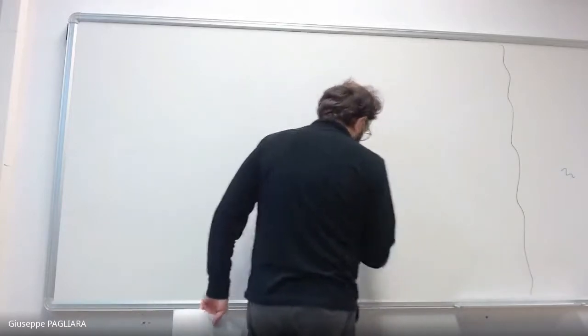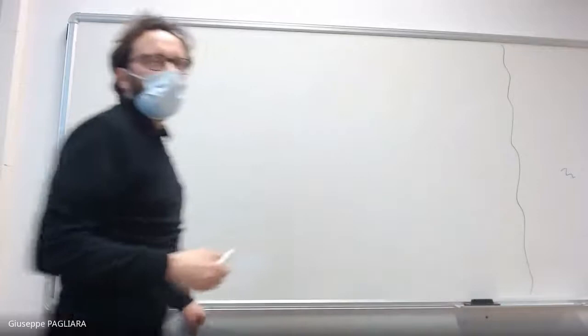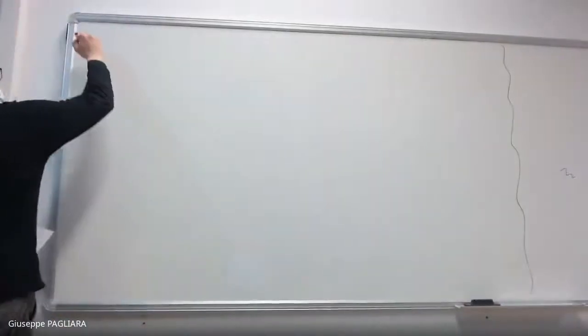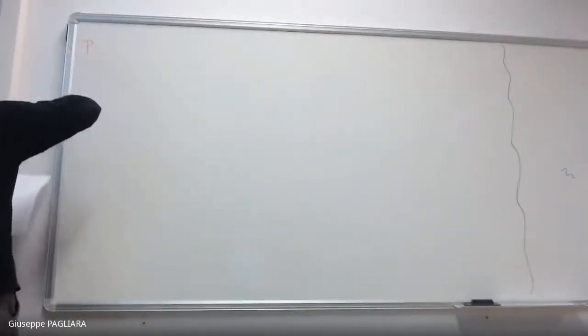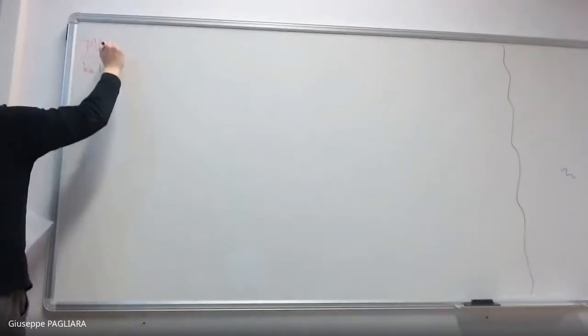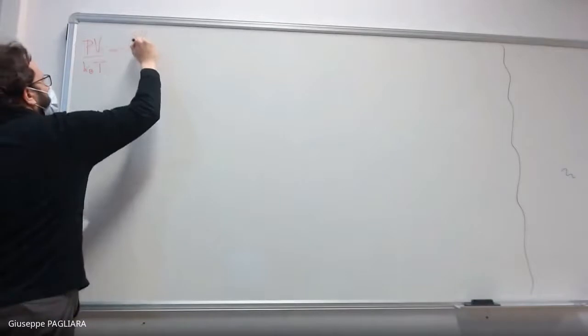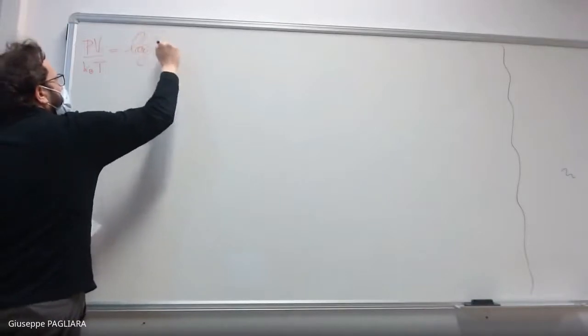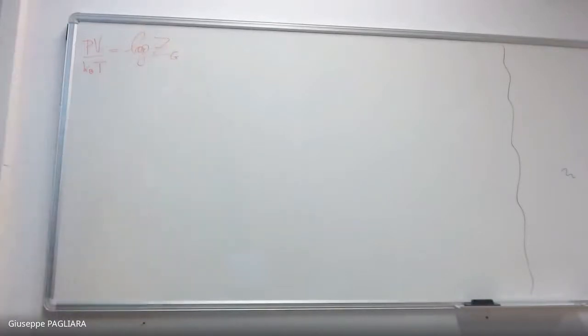And this was the second equation of the grand canonical ensemble, that was telling me that P times V divided by KBT is the log of the grand canonical partition function.